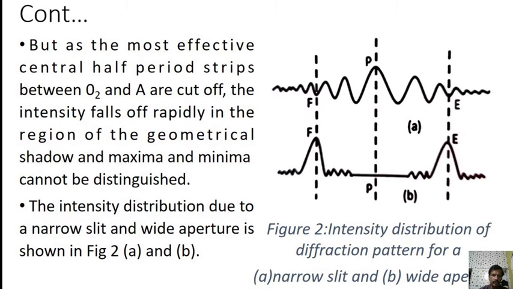The intensity distribution due to a narrow slit and wide aperture is shown in figure 2, A and B. Look here, the top one is A, below it is B. So here is the intensity distribution of the diffraction pattern for a narrow slit and a wide aperture. It is important to note that this is the wide aperture.